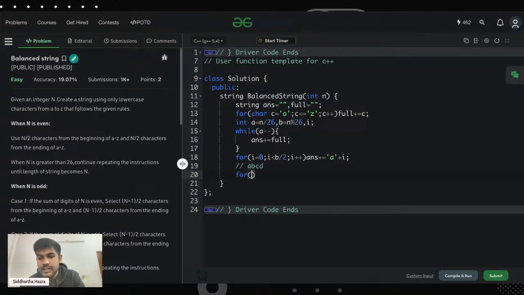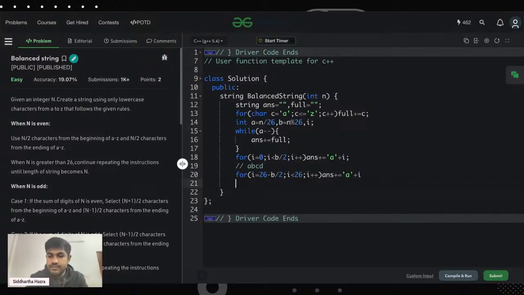So what we would do is, I is equals to 26 minus b divided by 2, and I is less than 26. We would go till the value z, and I plus plus, and the same one would be answer plus equals to character a plus I itself.